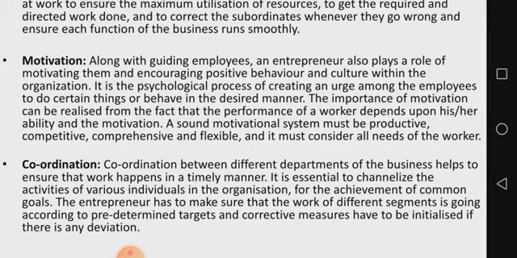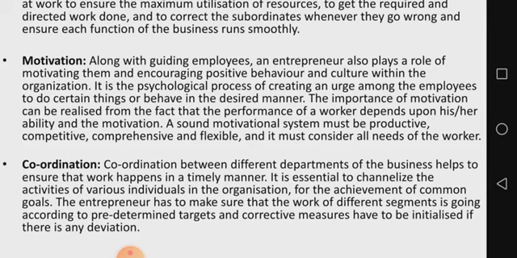So motivation should be there to make people execute some task. So it is a responsibility of an entrepreneur to motivate the employees.